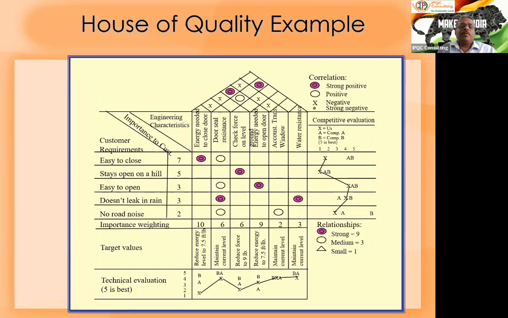So we'll see one example so that people can easily relate. This example has product-related customer requirements, captured on this side. You can see all these customer requirements about the product, like easy to close.